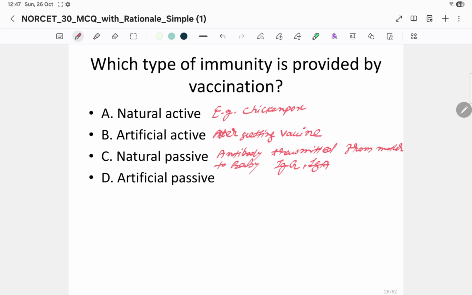Next, option D, artificial passive. Artificial passive immunity means antibodies acquired from an immune serum medicine. Example, like gamma globulin.